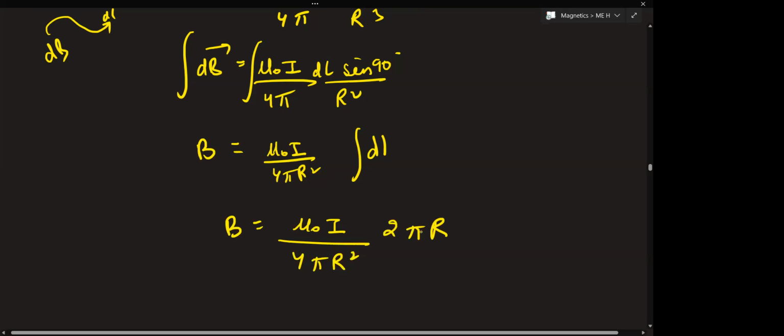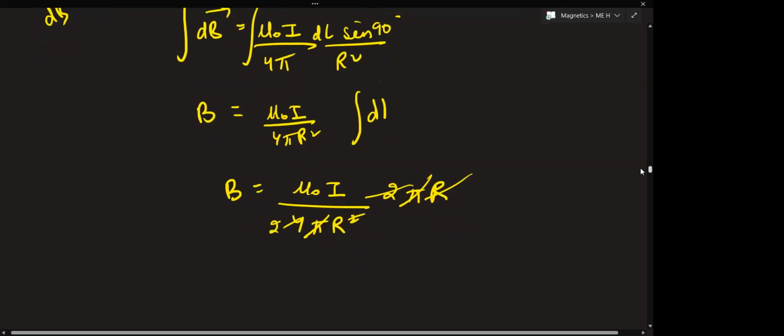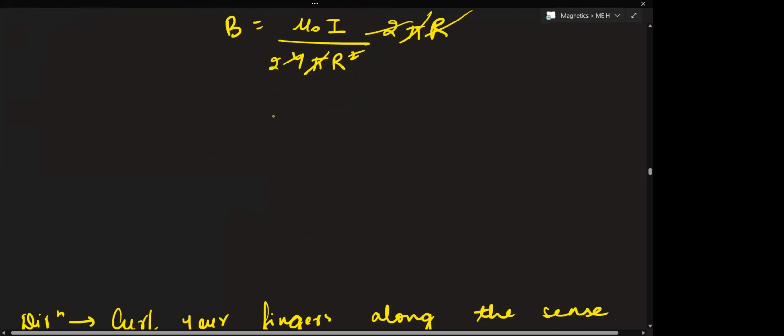So pi gets cancelled, one r gets cancelled, and here 2 is left. See the final formula of the magnetic field that you're getting: mu naught I divided by 2r.